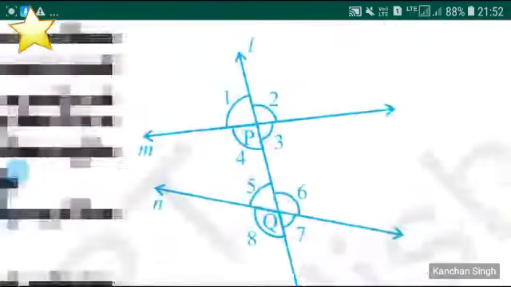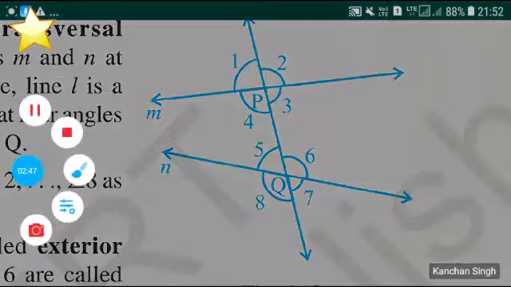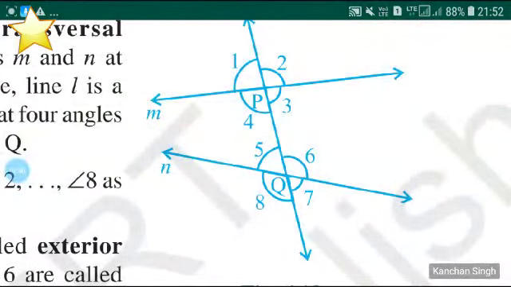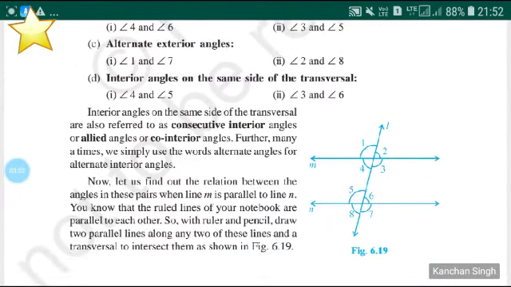Simply by seeing the figure, all these properties are given, and we will use all these things while solving problems. We also have an idea about consecutive interior angles, or allied angles, or co-interior angles.